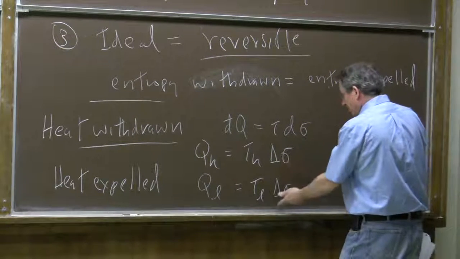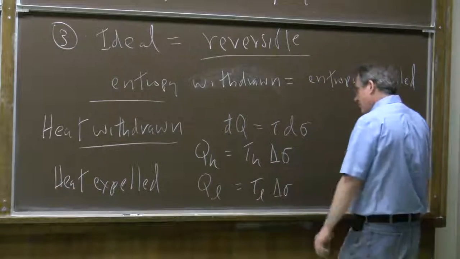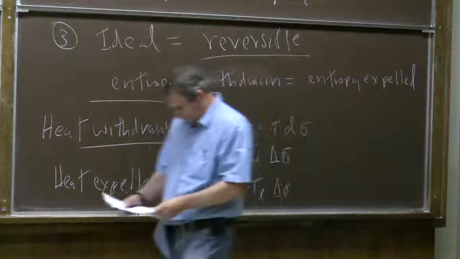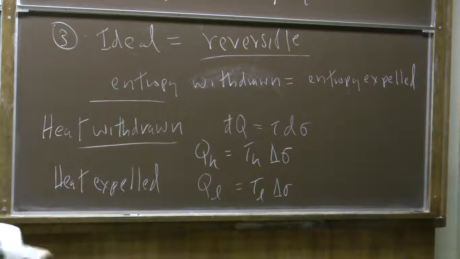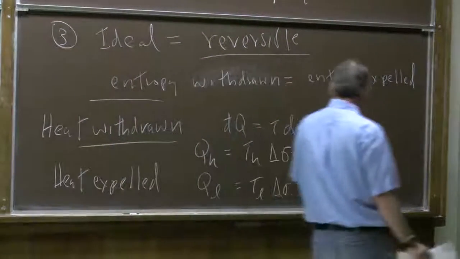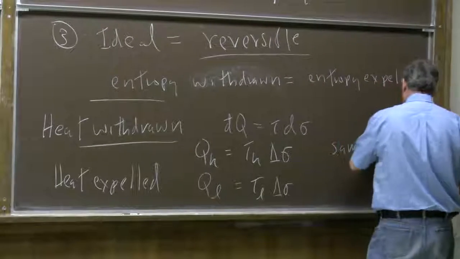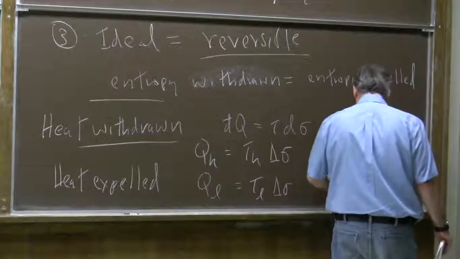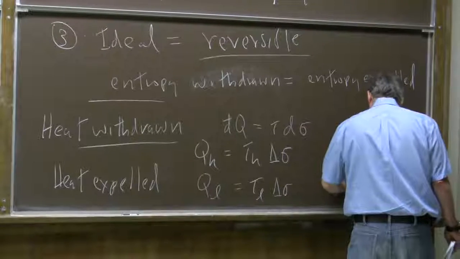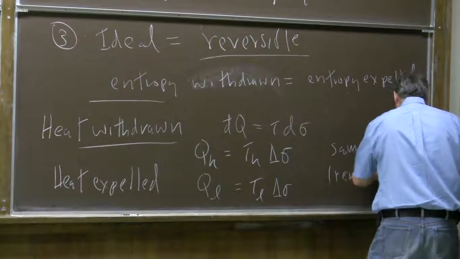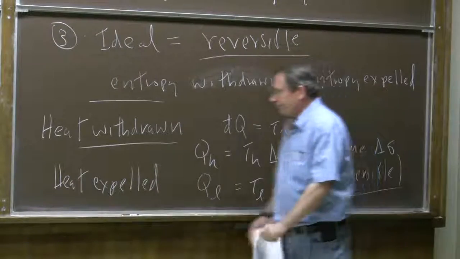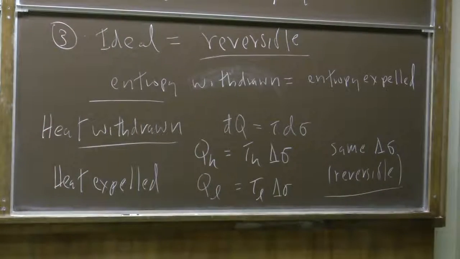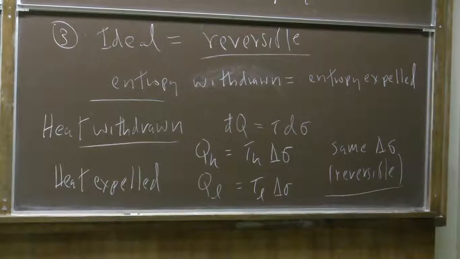It's the same value of delta sigma, but different amounts of heat because the temperatures are different. And the important thing is, this is where the reversibility came in, it's the same delta sigma for both the heat withdrawn and the heat expelled. So the entropy lost by the high temperature reservoir is equal to the entropy gained by the low temperature reservoir.